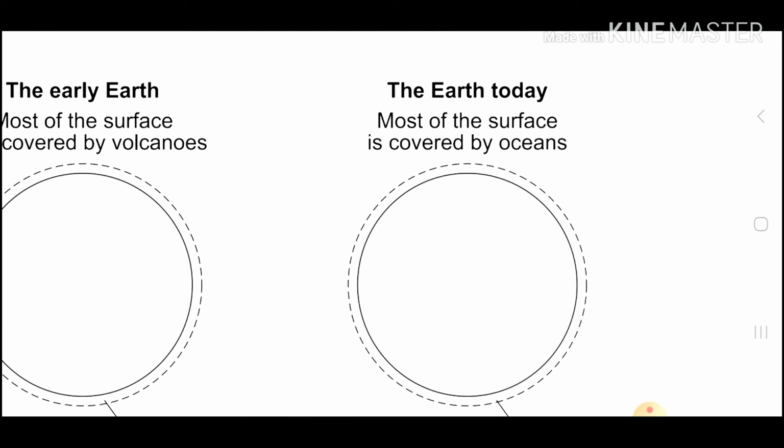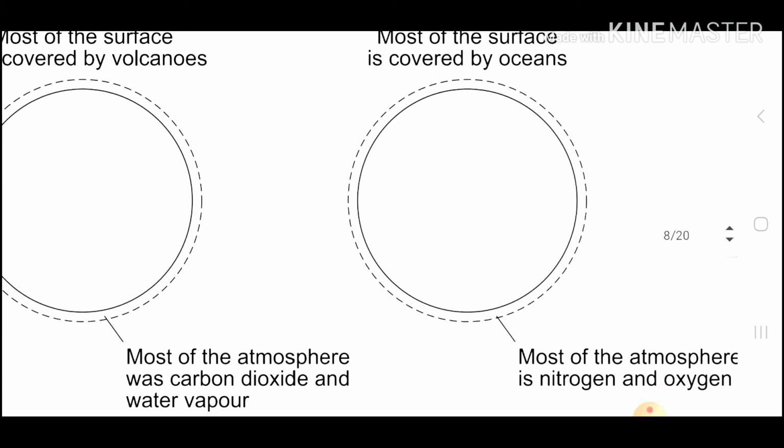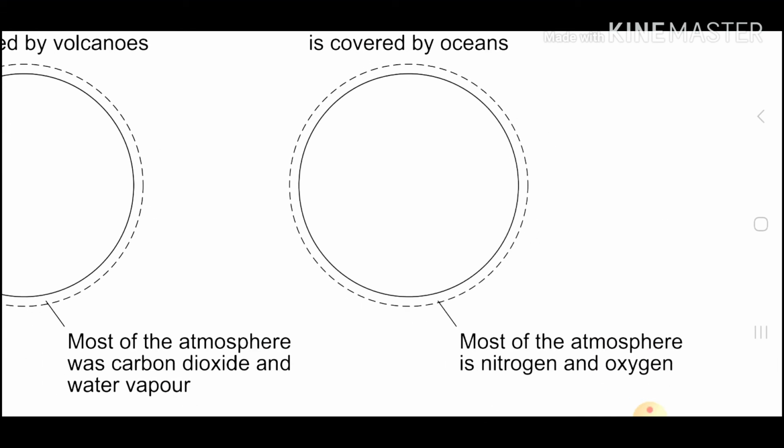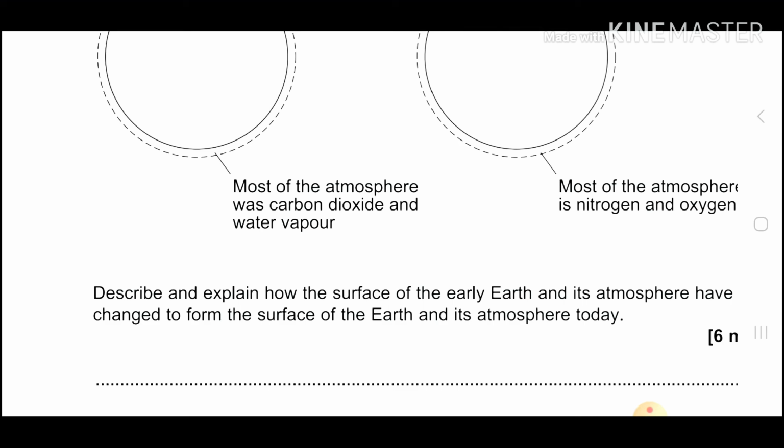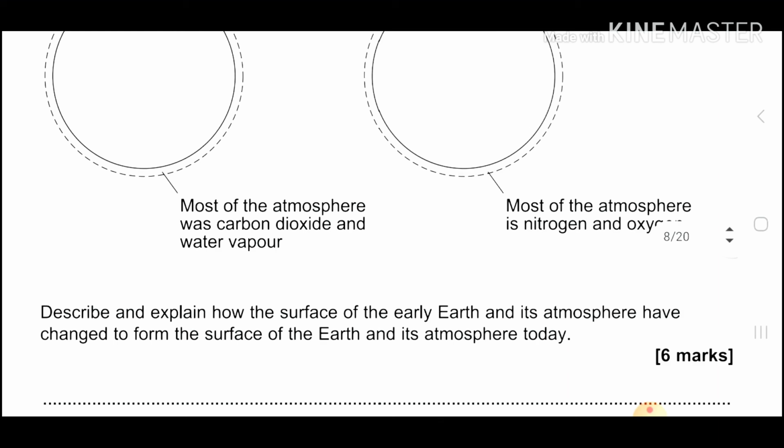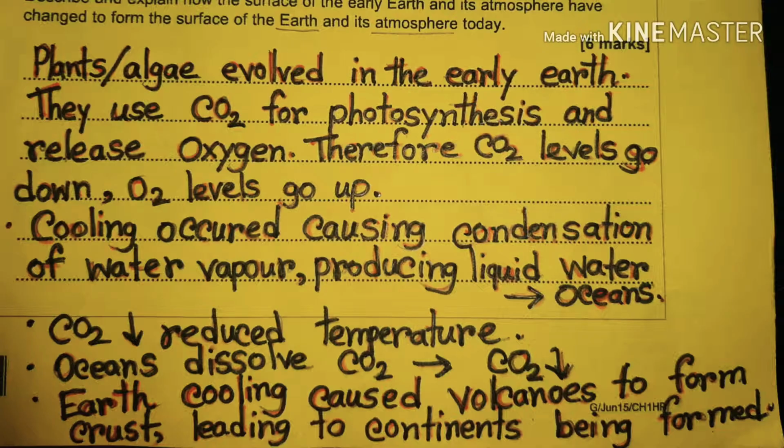On earth today, most of the surface is covered by ocean, and most of the atmosphere is nitrogen and oxygen. Describe and explain how the surface of the early earth and its atmosphere have changed to form the surface of the earth and its atmosphere today.